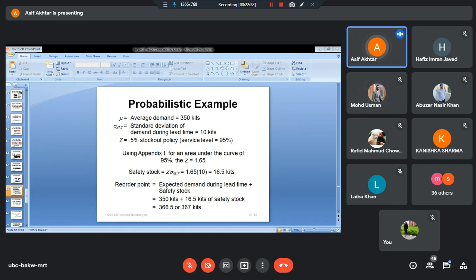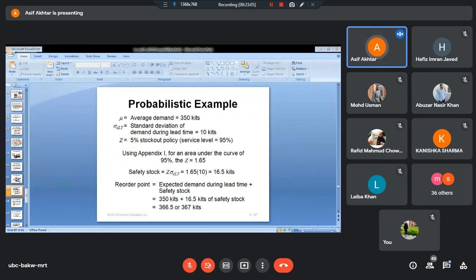You understand this point that reorder point here is the average demand during lead time plus the safety stock. Now let's see the first half, safety stock. Because we are considering probability distribution, we have to calculate it by using the formula Z into standard deviation.